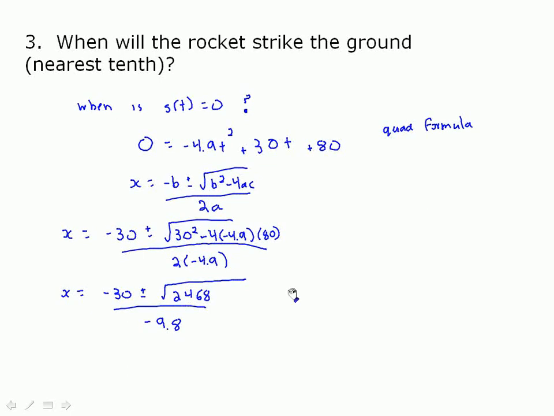So the one answer we get is x is equal to negative 2.0. And then the other one is based on negative 30 minus the square root of 2468, divided by negative 9.8. In doing that, you end up getting 8.13, which I guess to the nearest tenth would be 8.1. So x equals 8.1. And that's the one we want to keep, so we have to reject this one.